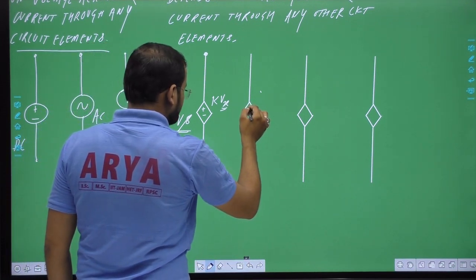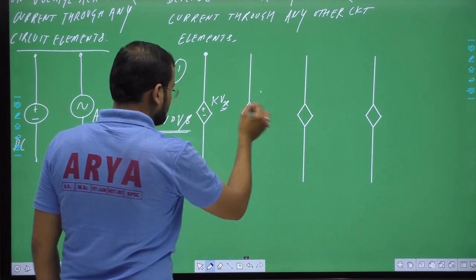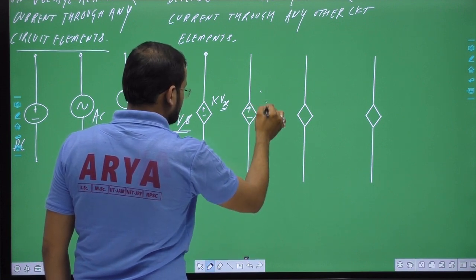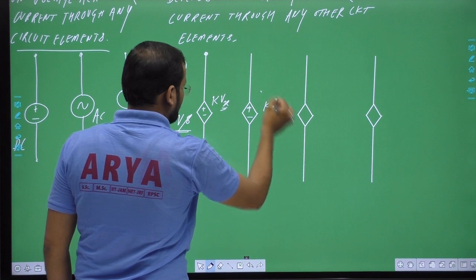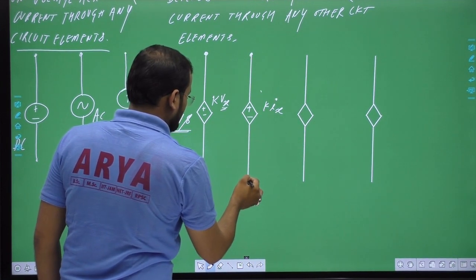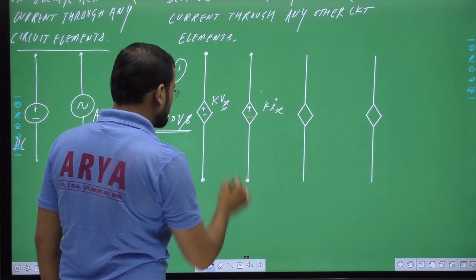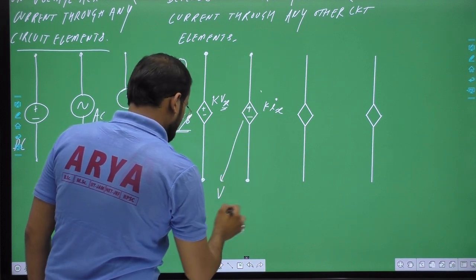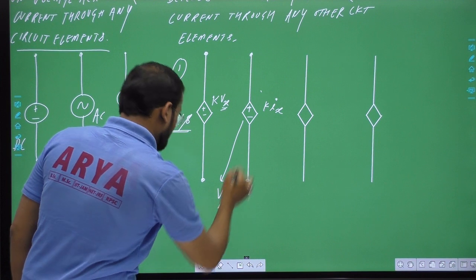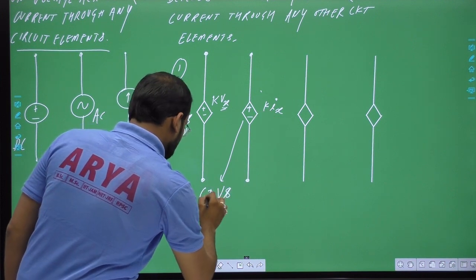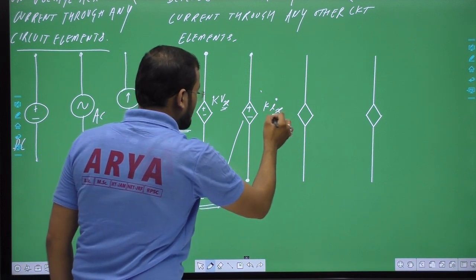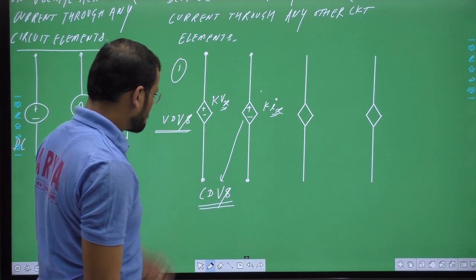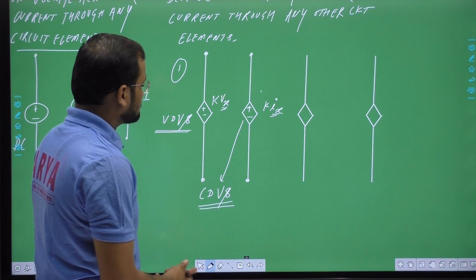The second one is also a voltage source, but this is a current dependent voltage source because its value depends on the current through any other element. So this is known as a current dependent voltage source.